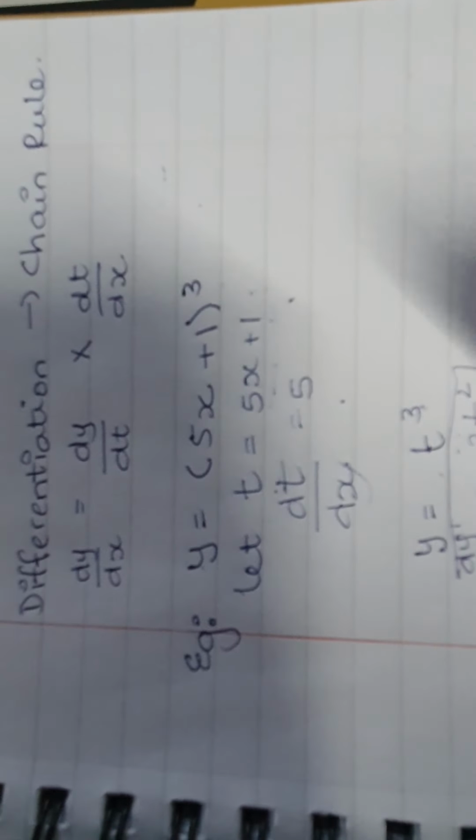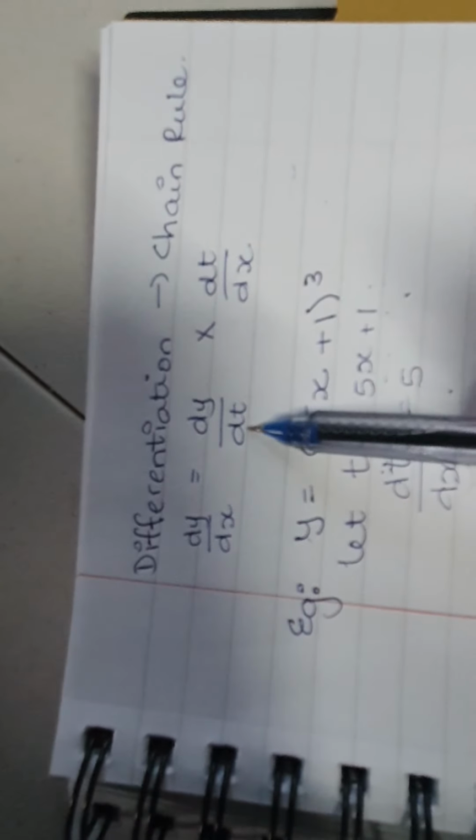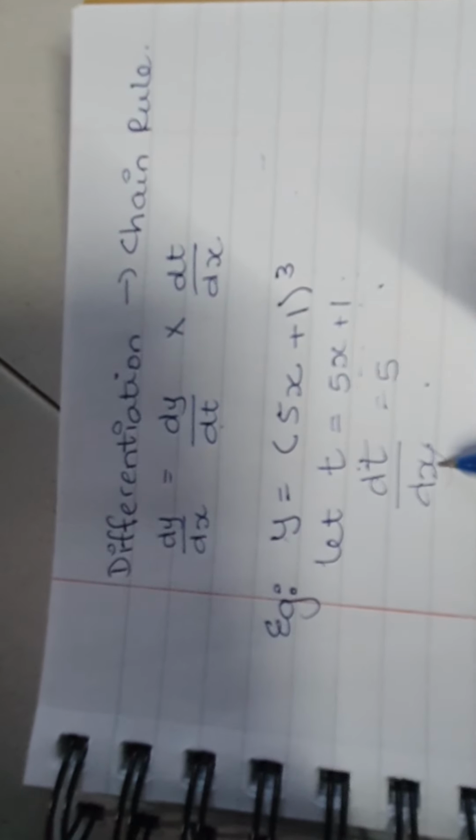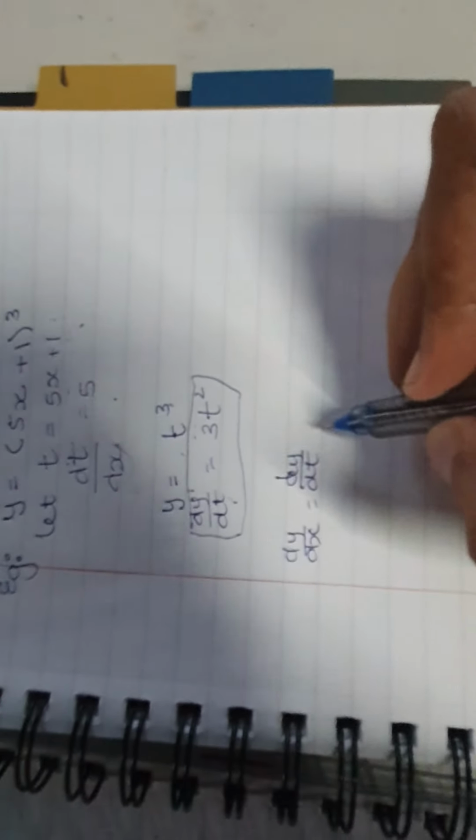Now we have dy/dt, which is this, and we have dt/dx. So we're going to write down our formula. So the formula is dy/dx is equal to dy/dt multiplied by dt/dx.